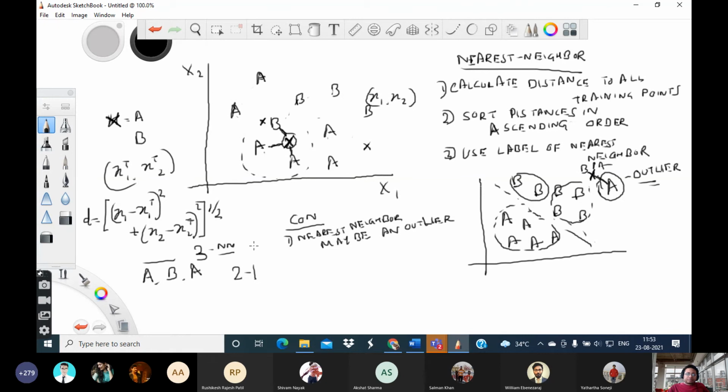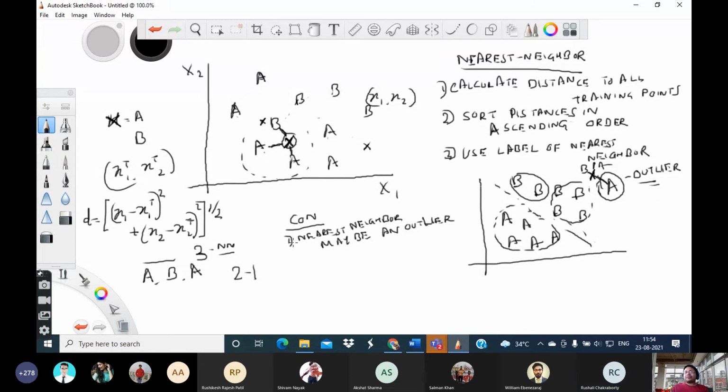Any other? What if the third nearest neighbor is also an outlier? Then progressively we'll have to take more and more nearest neighbors, and the loop will go on, because any example can be an outlier.